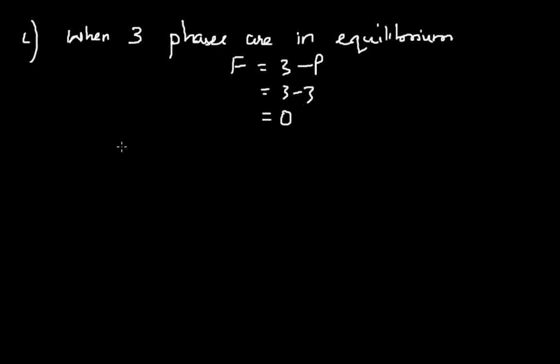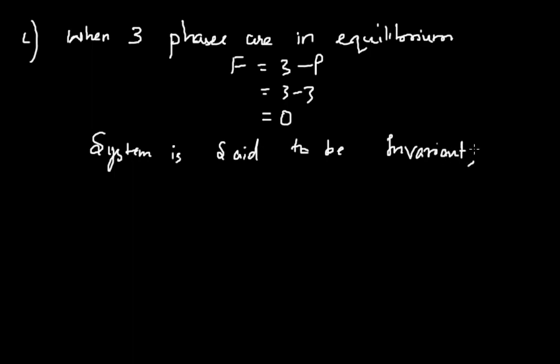So the system is said to be invariant. With degrees of freedom 0, the system is said to be invariant, meaning that it has no degrees of freedom.